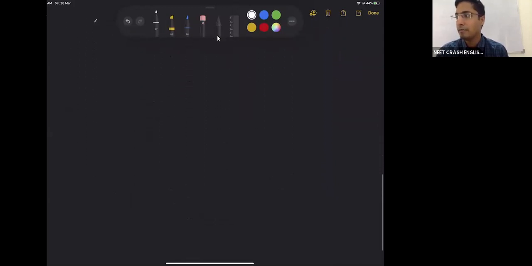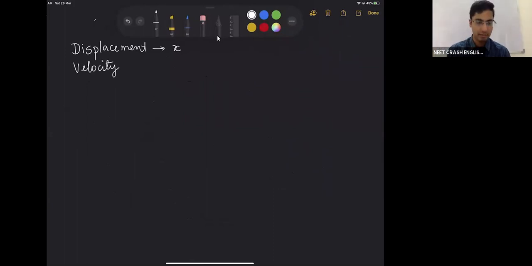Let me move on. So we defined displacement initially, right? Displacement is referred to by the quantity x. Now, after that, there are some other quantities also that are defined. The next quantity that is defined is velocity.